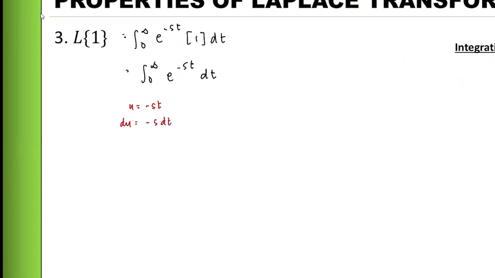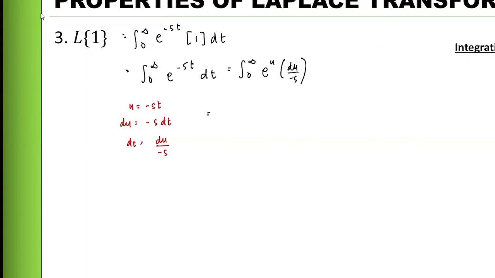Okay? Kapag kinuha natin si dt, that will be equals to du over negative s. Okay? So we can transform this equation to integral of 0 to infinity, then e raised to u, kasi yung assumption natin for negative st. And ang dt natin is taken as du over negative s.